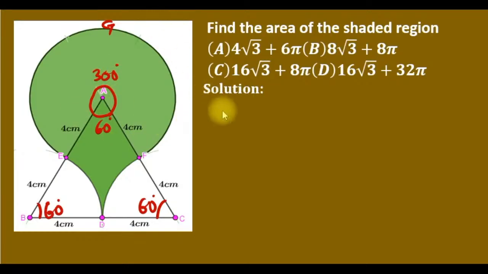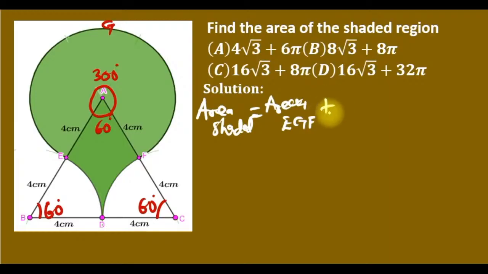So now we see that the area shaded is the same as the area of the sector EGF plus this area, and this area is the same thing as the area of the triangle minus the area of the two congruent sectors.